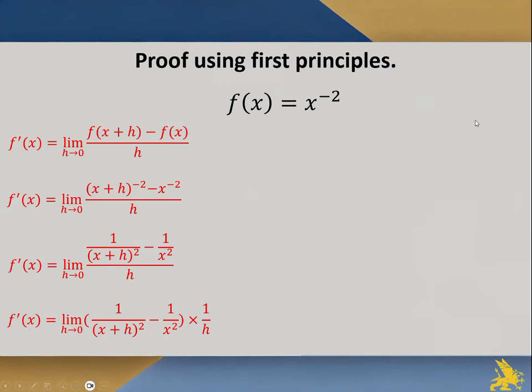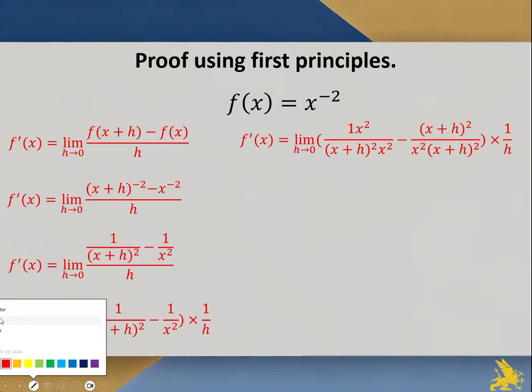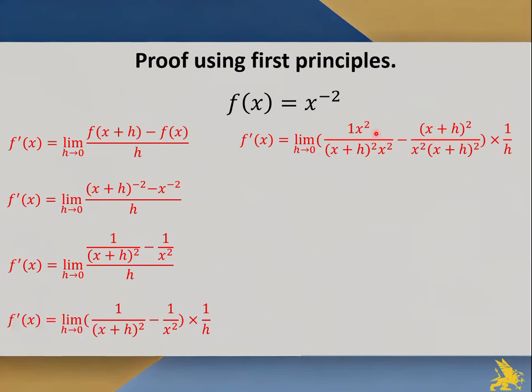Now, from this, we are able to make the denominators the same by timesing each side by the respective denominator. So I've timesed the left-hand side by x squared, and I've timesed the right-hand side by x plus h squared. Now, this next step, I'm going to do multiple things at the same time. I'm going to put my denominators together and expand.